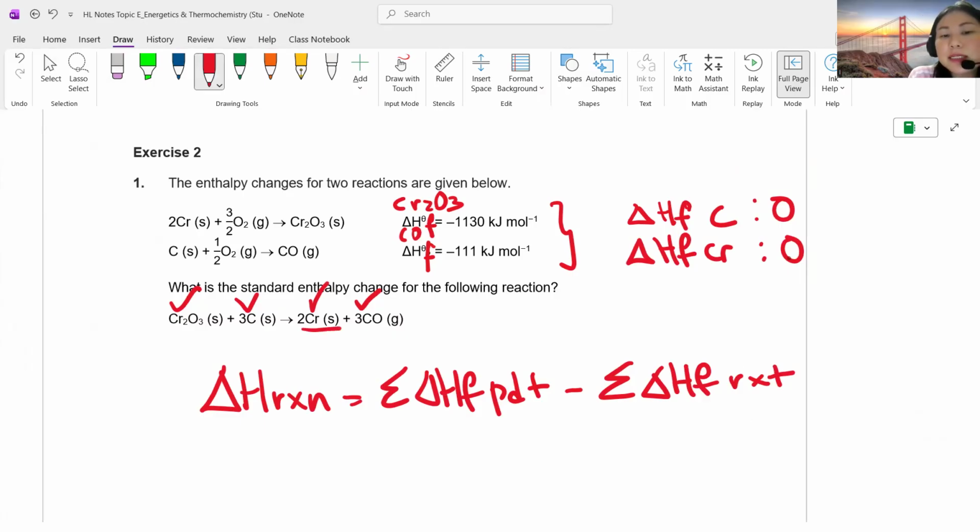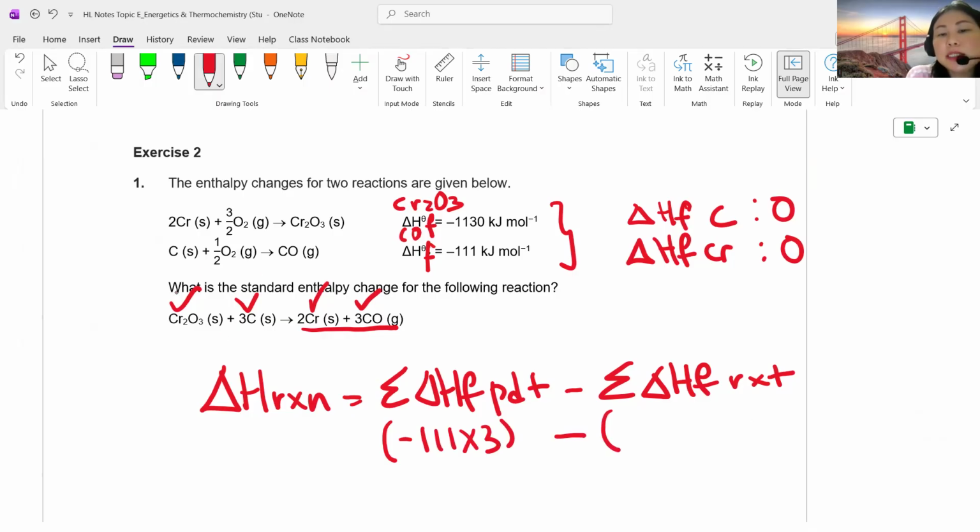The products are chromium and CO, so I'll sum up the products first. Chromium is 0, so 2 times 0 is still 0. Carbon monoxide is minus 111 kilojoules per mole, but I am having 3 moles, so it will be minus 111 times 3. That's the product, minus the reactant.